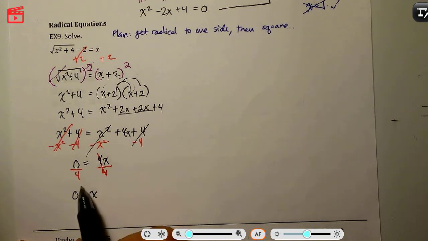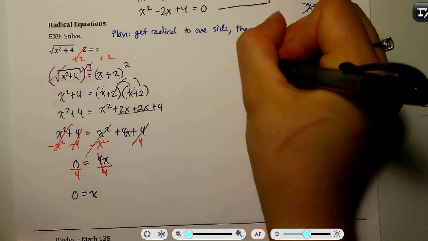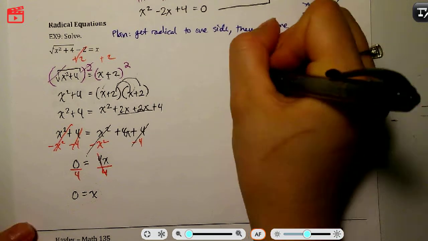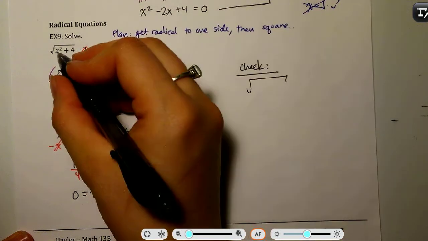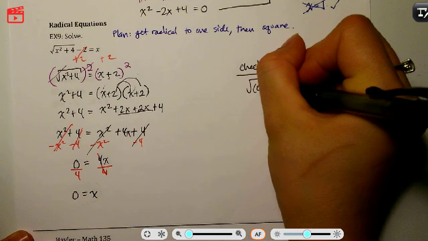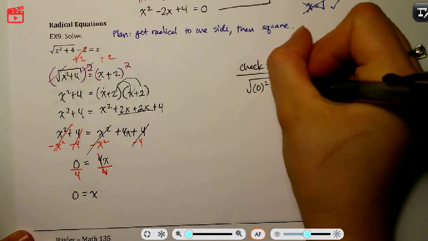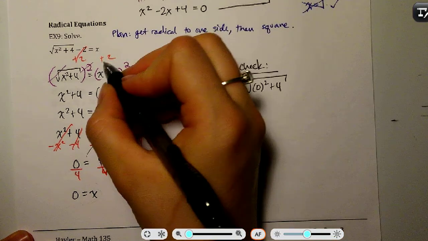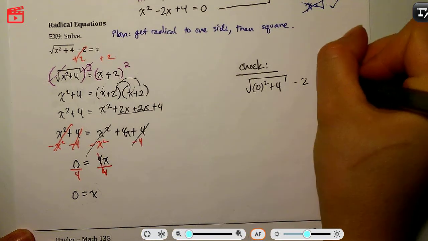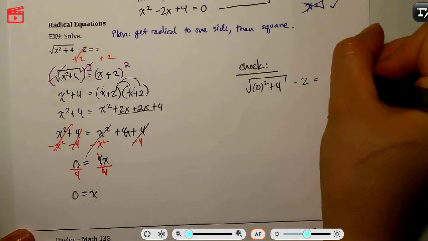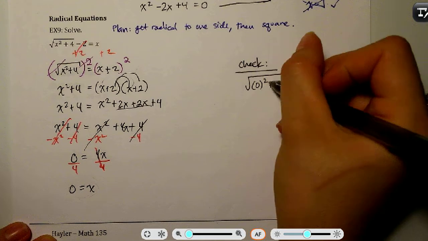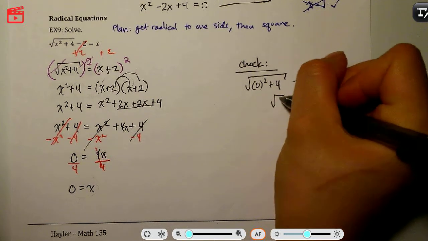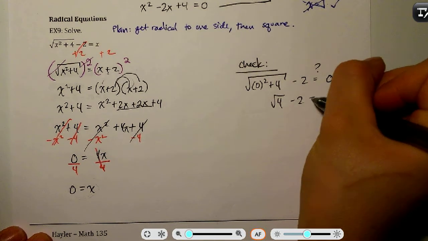We need to just check and make sure that this answer is correct. So let's go ahead and check. With radical equations, you're going to want to check. So this says take x squared, add 4 to it, subtract 2, and does that equal 0? Okay, so checking this. 0 squared plus 4 is just going to be square root of 4 minus 2.